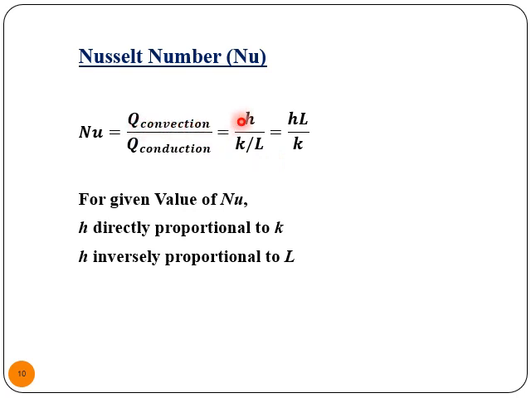Similarly, Q convection is H A delta T, and Q conduction is Ka delta T by L or B. So if you simplify this, it will be H L_c by K, where L is the characteristic length, H is the heat transfer coefficient, and K is the conductivity. So if you consider that the Nusselt number is constant, in that case H is directly proportional to the conduction.